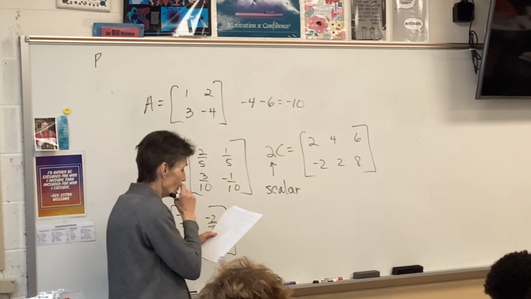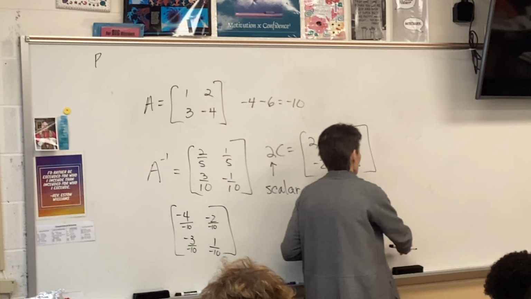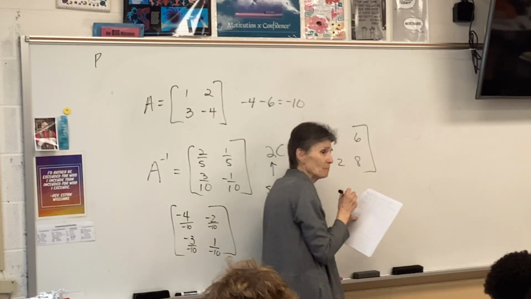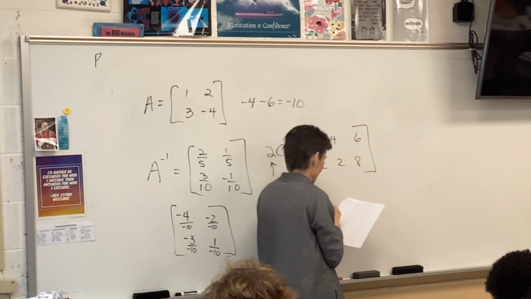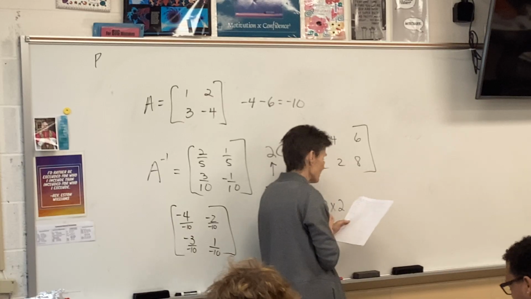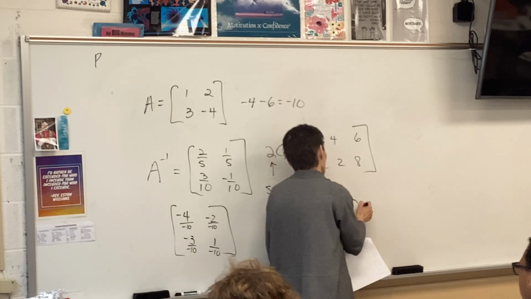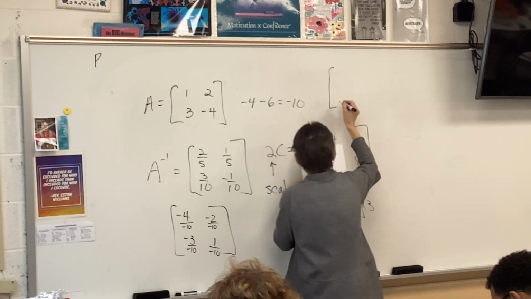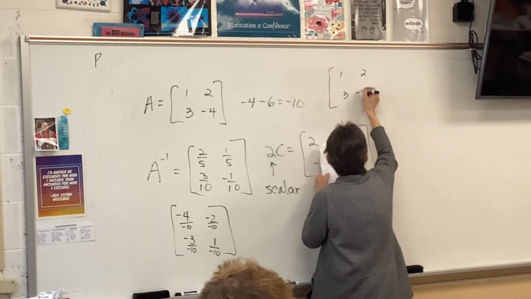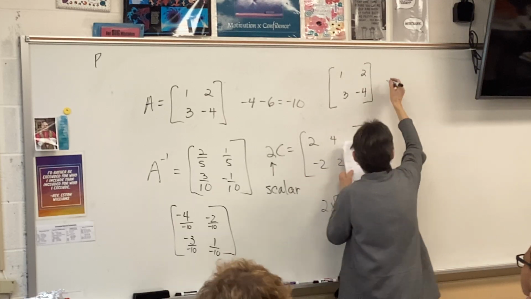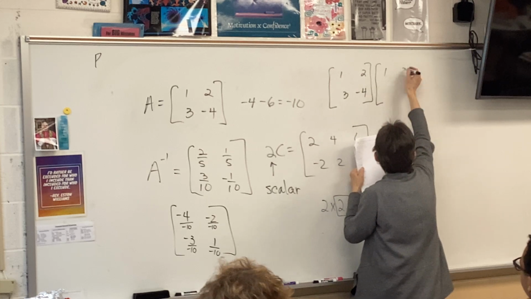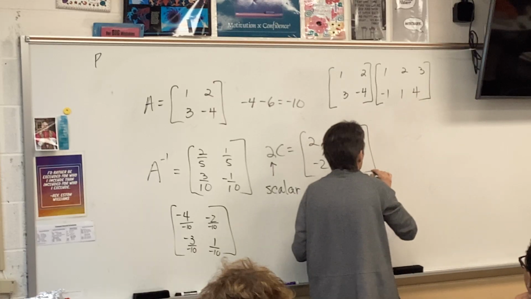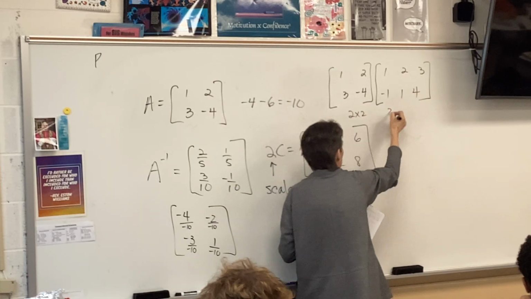All right. A times C. Before I write it all down, A times C, can I do it? What are the dimensions of A? 2 by 2. And the dimensions of C, oh, I can do it, right? So here's A. Here's C. And I've got my 2 by 2 and my 2 by 3.